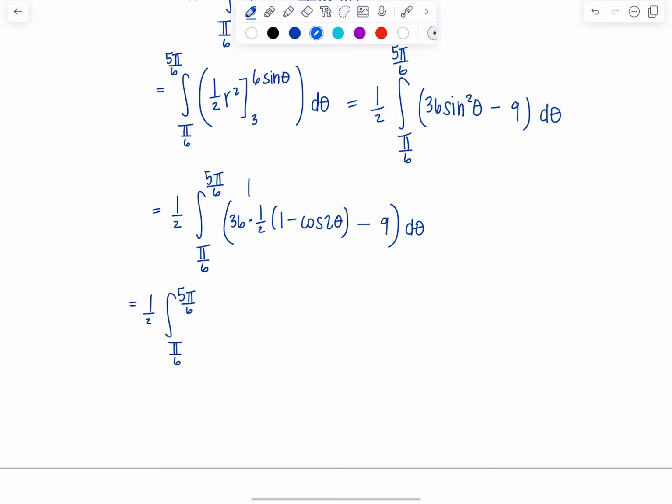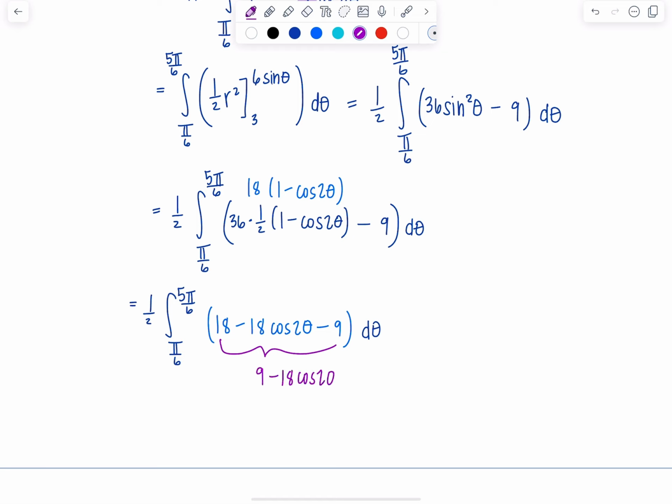This is 18 times 1 minus cosine 2 theta, right? So that's going to become 18 minus 18 cosine 2 theta minus 9 d theta. And then this just ends up being 9 minus 18 cosine 2 theta, right?